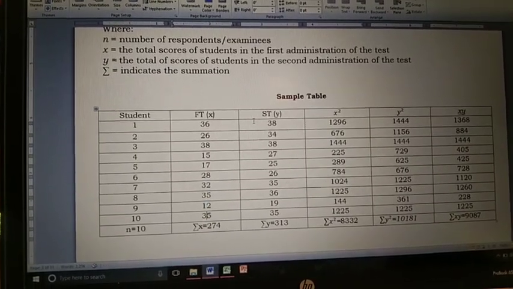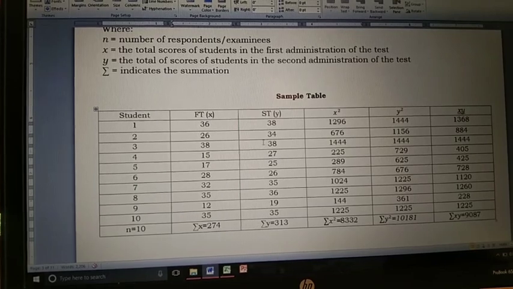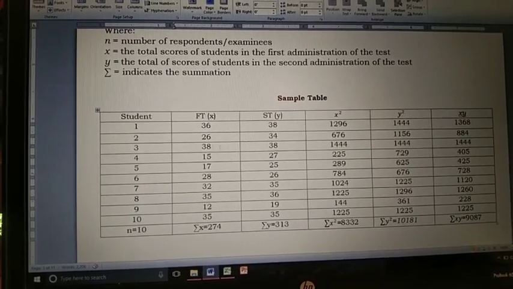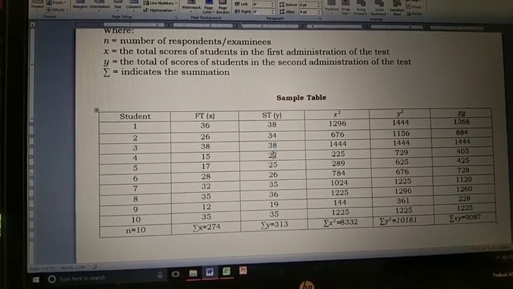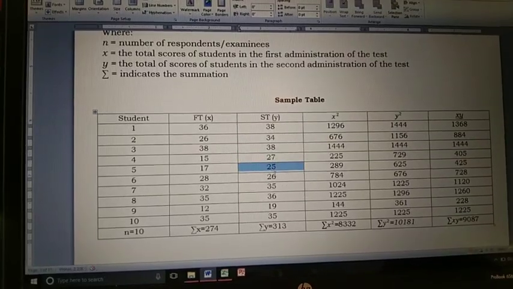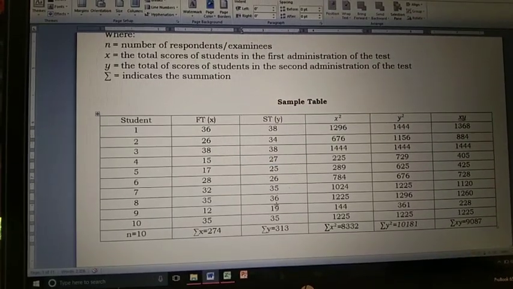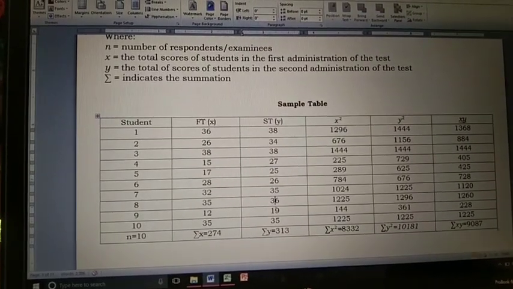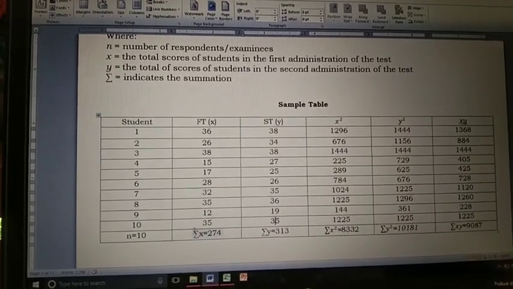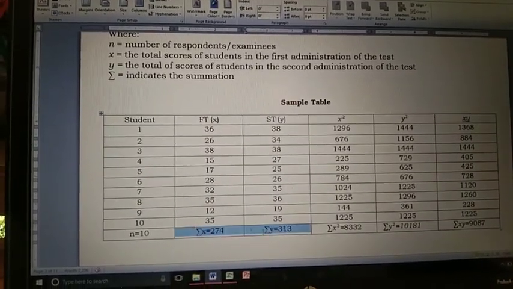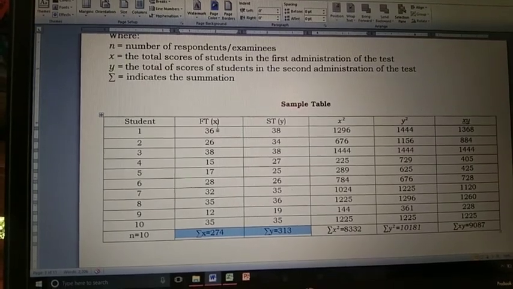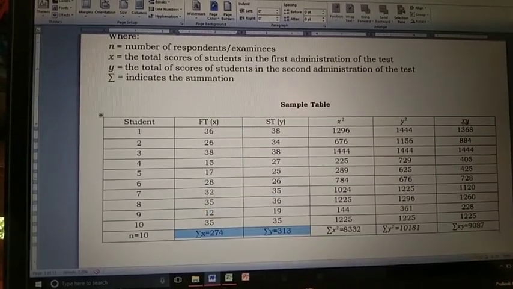Then second administration, 38, 34. Student number 2 nakakuha 38, consistent. And 27, 25, 26, 35, 36, 19, and 35.